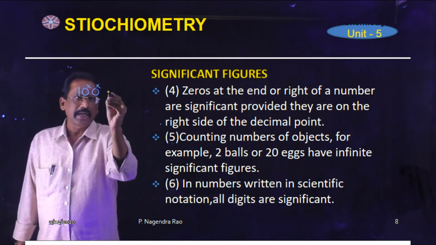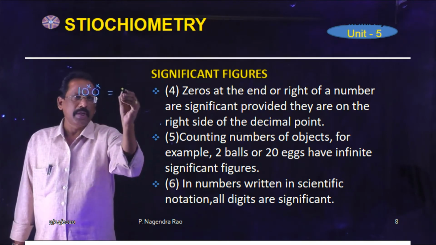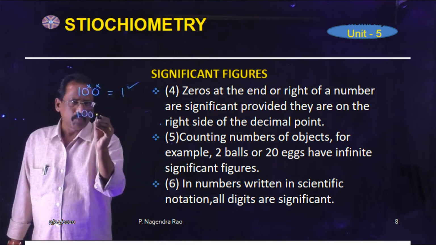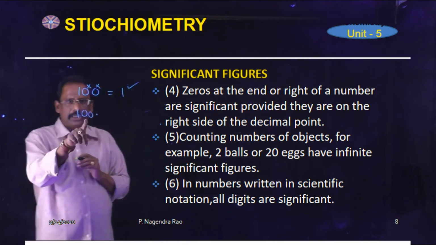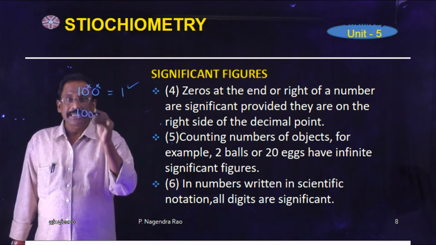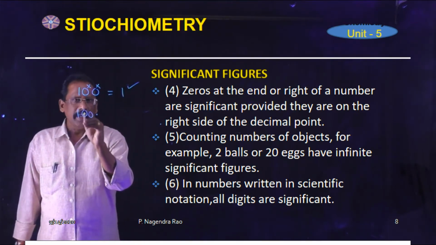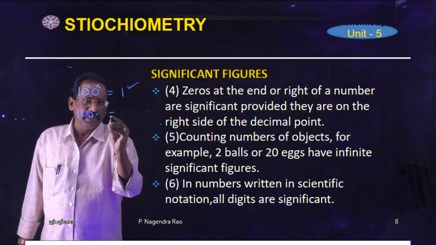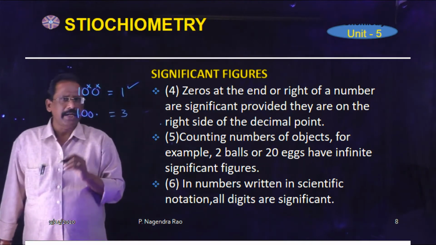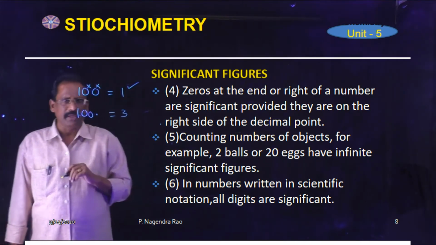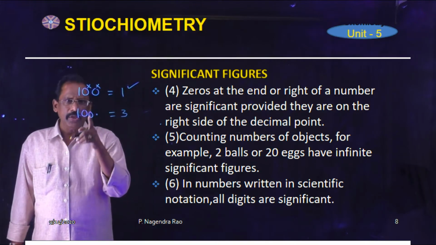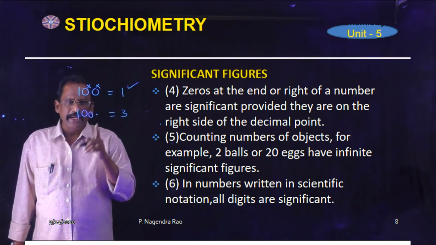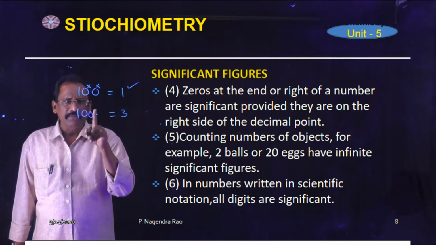So 100 contains only one significant figure. If you write like this, 100 point, now these two zeros become significant. That means 100. has three significant figures. Remember that 100 has only one significant figure, because zeros at the end or right of a number are significant provided they are on the right side of the decimal point.